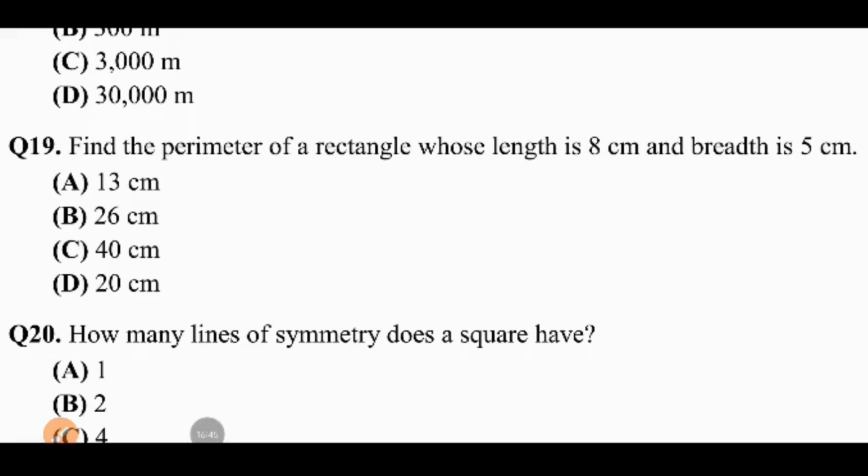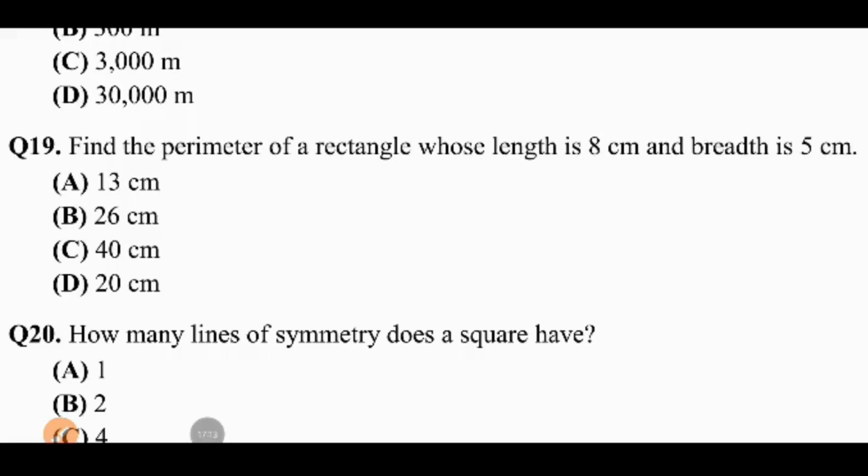It's 2 into length plus breadth. Yes, I'm repeating it for you again. 2 into length plus breadth. That means we will write 2 here, multiplied by 8 because length is 8, and breadth is 5. We will write 8 plus 5 inside a bracket, and we will solve it.